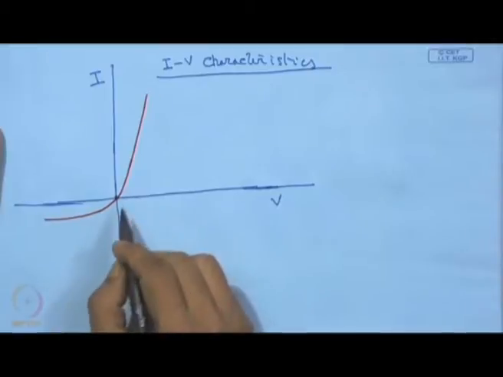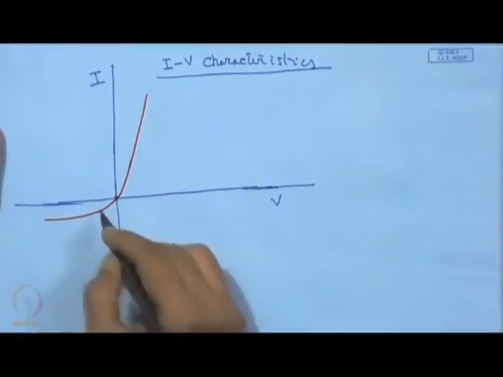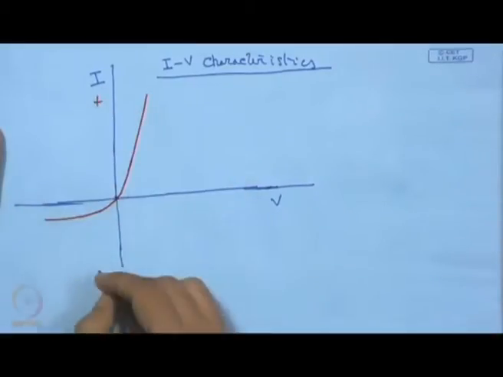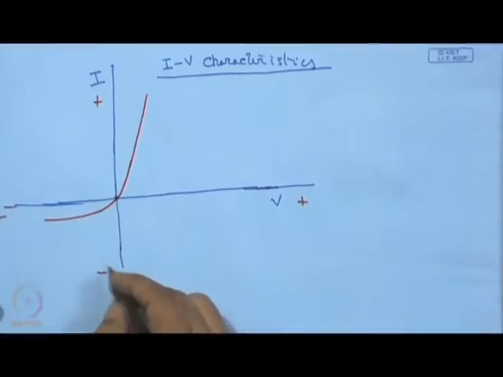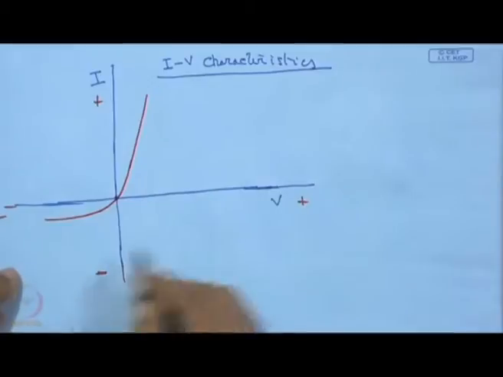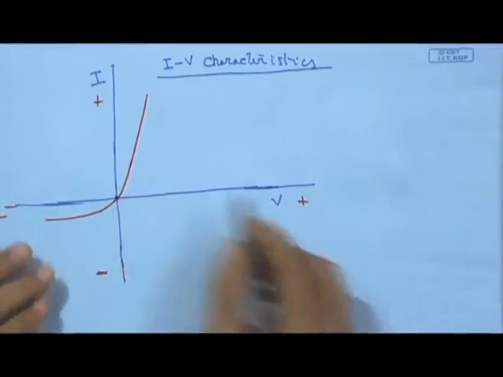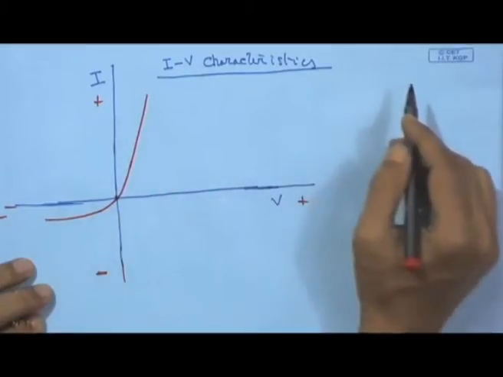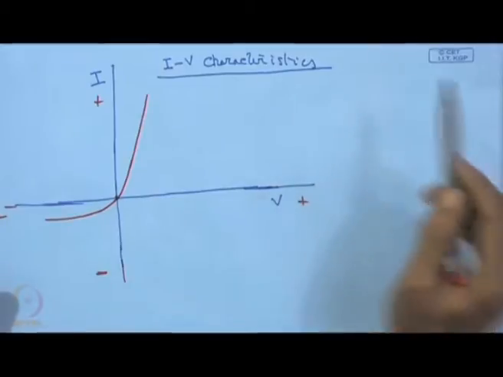What we see is that this is actually positive current. Positive means we accept it as electron current. This is plus, this is minus, this is also plus, this is minus. So this is negative polarity ion current, positive polarity electron current. That is the IV characteristics of the electrode immersed in a plasma volume.